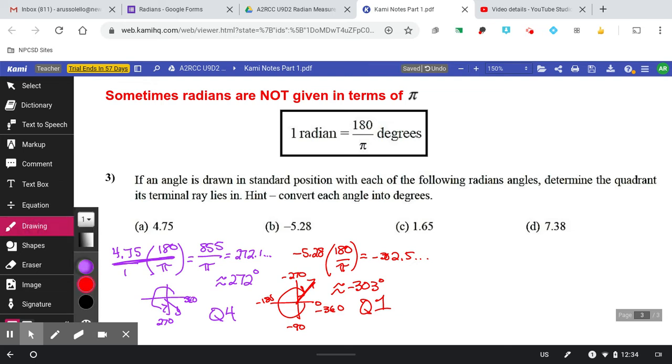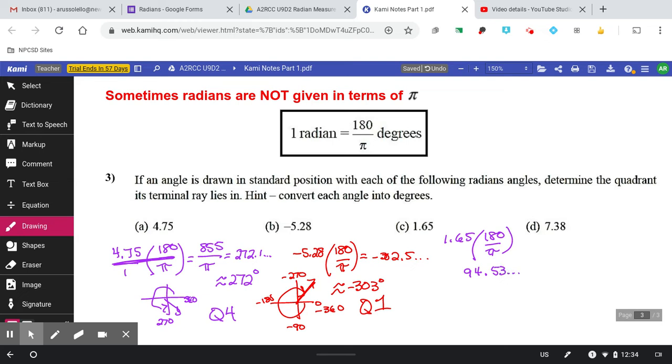All right, let's go ahead with the next one. So now we have 1.65 times 180 over pi. And I'm going to put that into my calculator all at once. And I end up getting 94.53 dot dot dot.